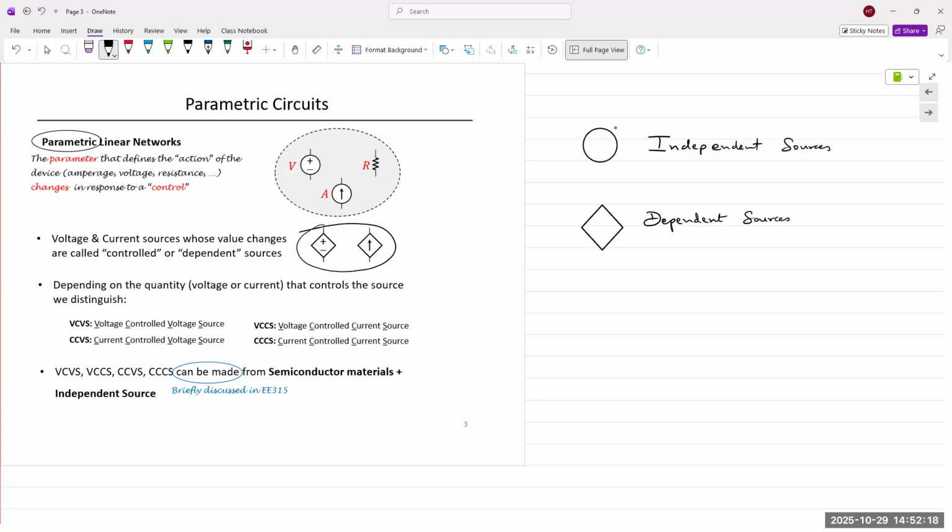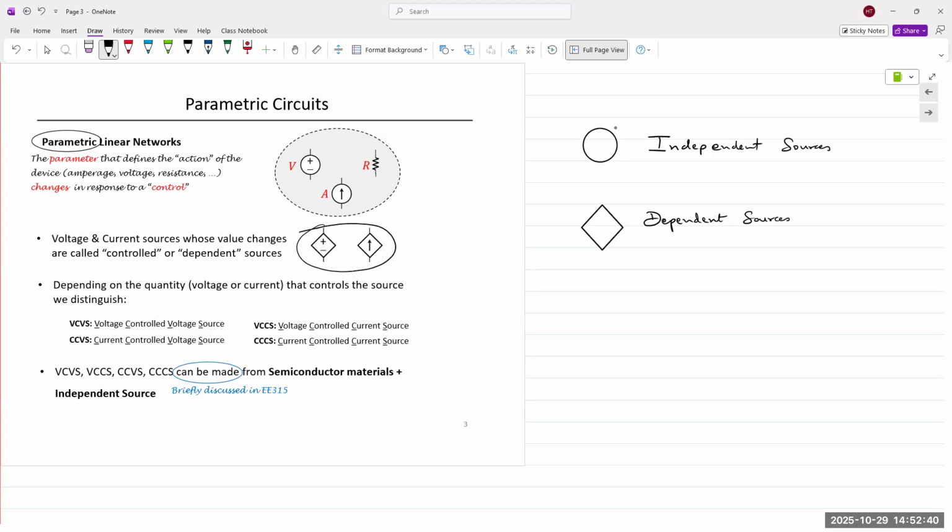We could have a dependent voltage source that is controlled by a voltage. We could have a dependent current source that is also controlled by a voltage. So a voltage in a different part of the circuit can decide how much voltage or how much current appears in a different part of the circuit.